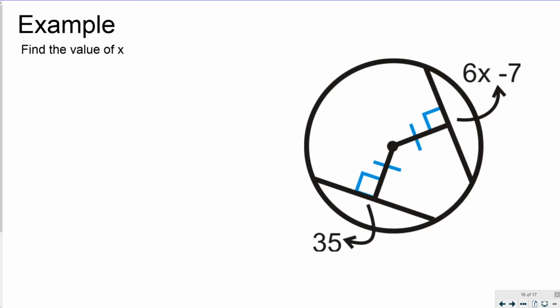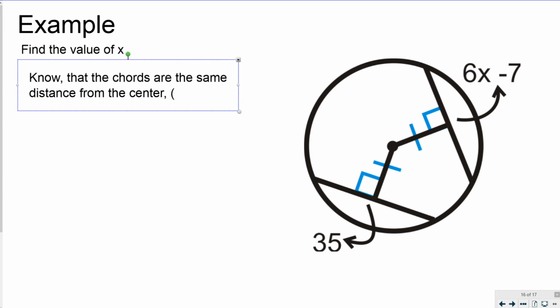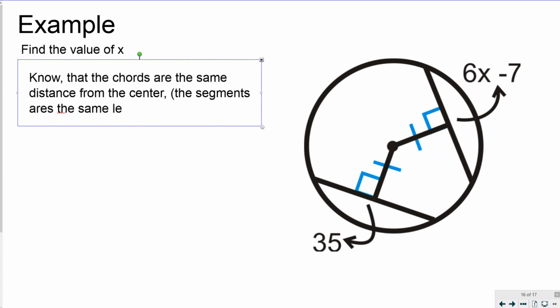Find the value of x. So I have two congruent segments here. So I know that the chords are the same distance from the center, so the segments are the same length.